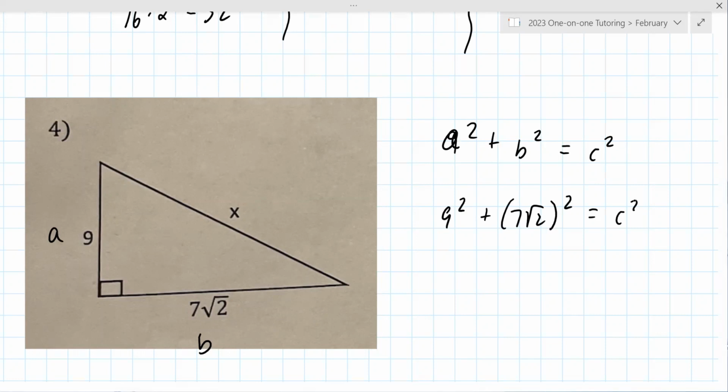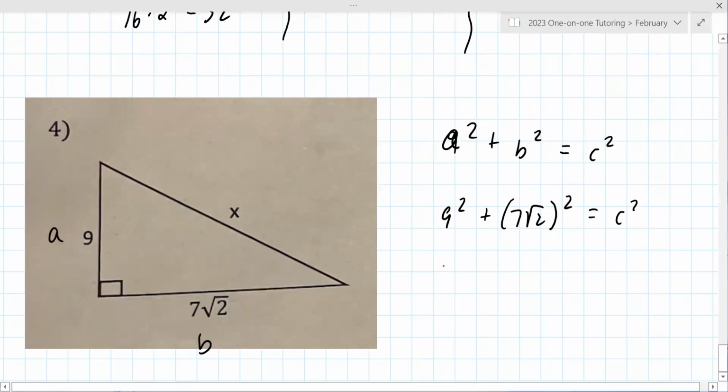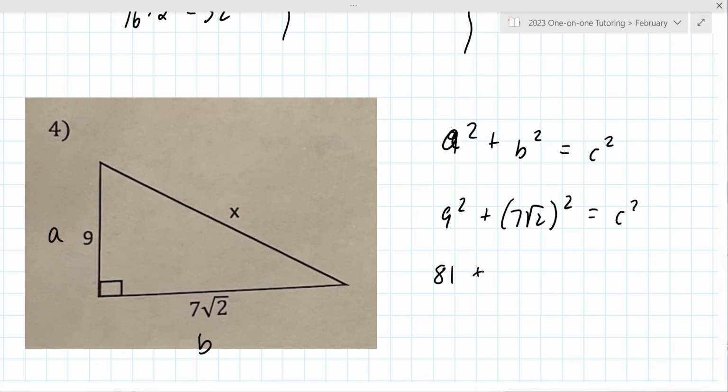What is 9 squared? 81. What is 7 square root 2 squared? We just did a bunch of these.